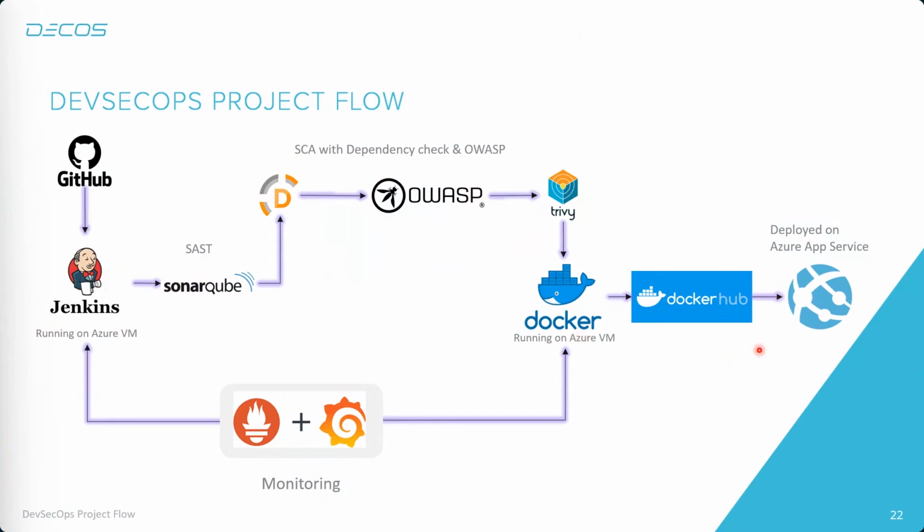And finally, we deploy the application over the Azure App Service. For monitoring the Azure virtual machines, which are running Jenkins and Docker, we have used Prometheus and Grafana to monitor the performance and services of the Azure virtual machine.